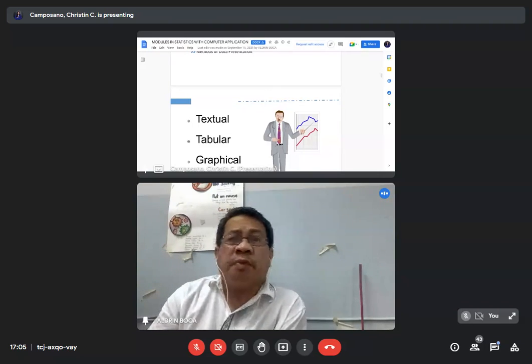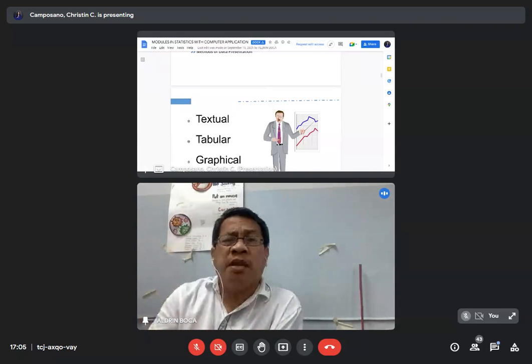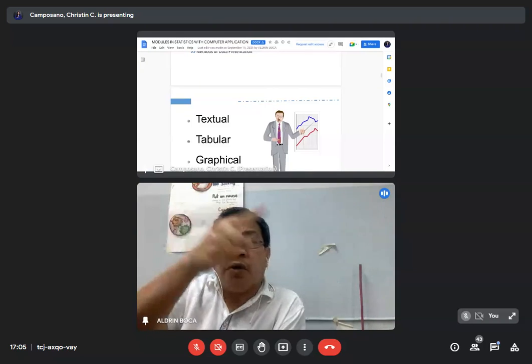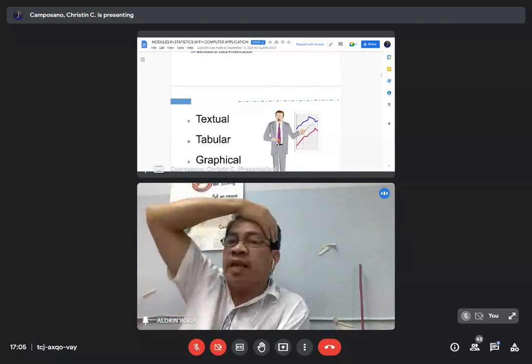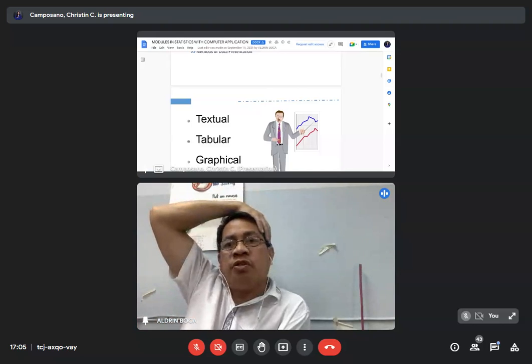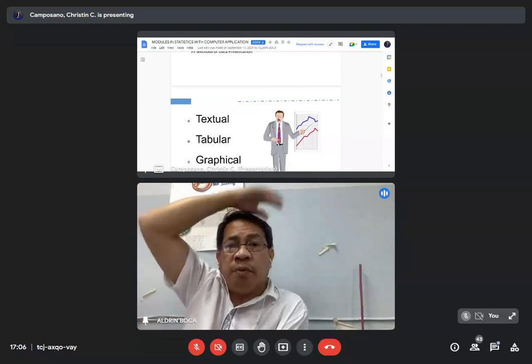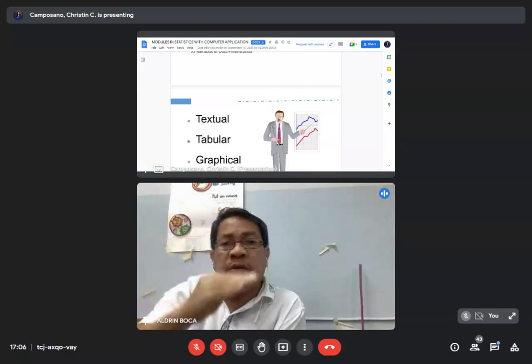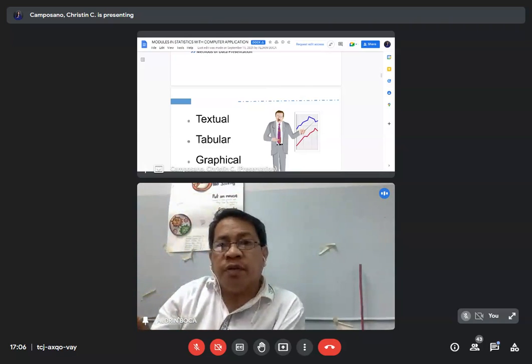You can also present your data using graphs. For example, expenditures. You can better present the monthly expenditures of your family in graphical method than tabular. Although you can do it also in tabular, it's better in graphical method, kasi magkakaroon ka ng pie graph dun, di ba? Or it may be a combination of tabular and textual. So may table ka na, and under the table, meron kang textual presentation. Ano sinasabi ng table? Ite-text mo siya.